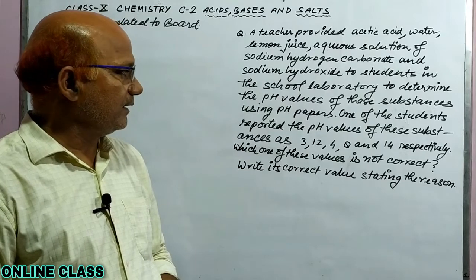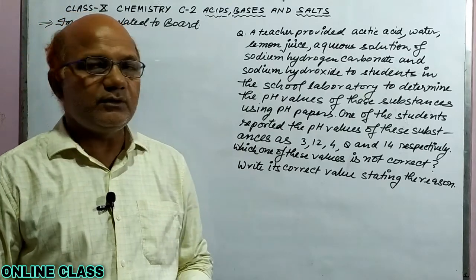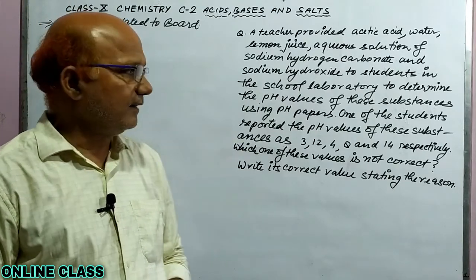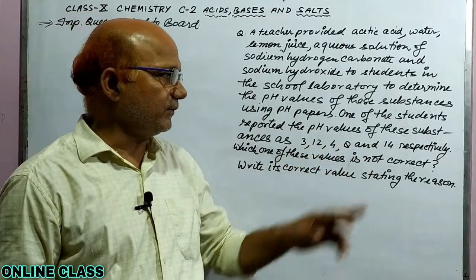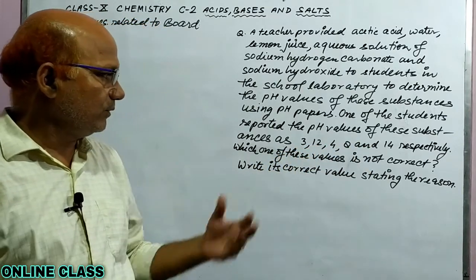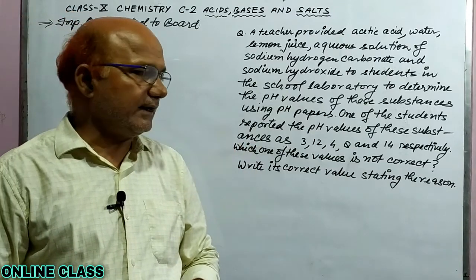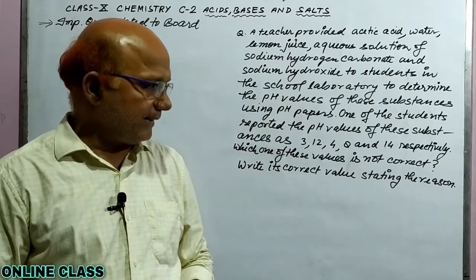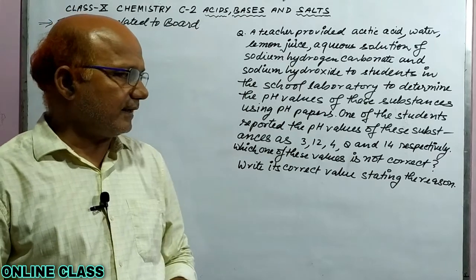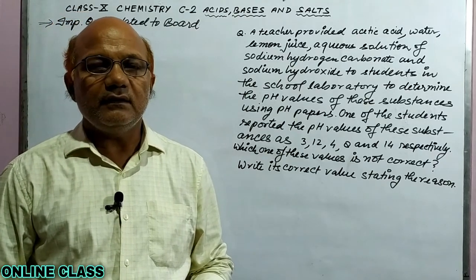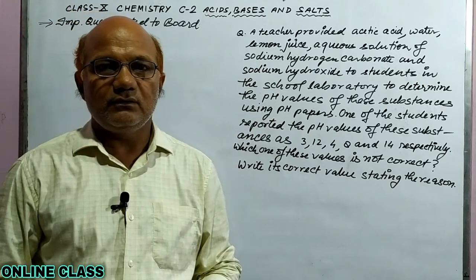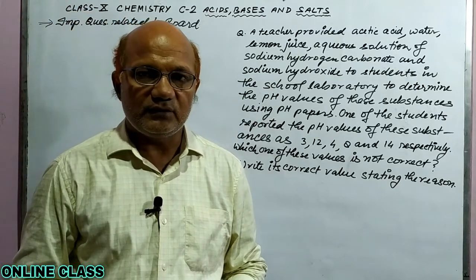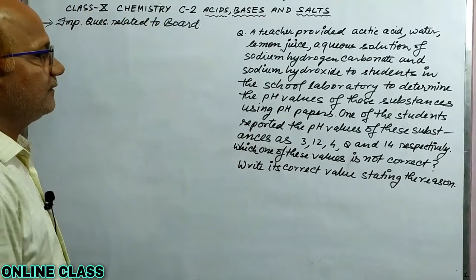One of the students reported the pH values of these substances as 3, 12, 4, 8 and 14 respectively. Which one of these values is not correct? Write its correct value stating the reason. This question was asked in the 2019 board examination. So, let us see.